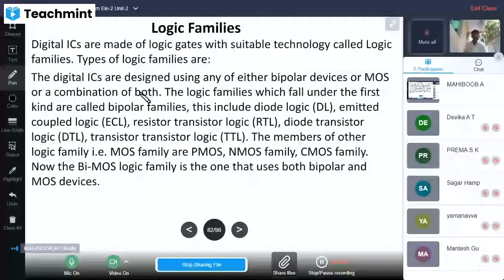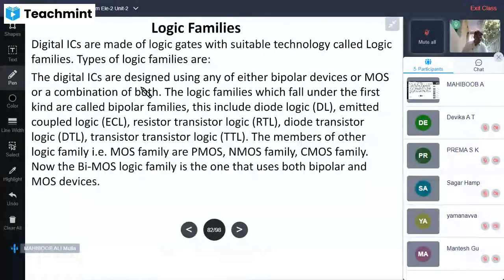The type of logic families: it may use for their fabrication bipolar devices, or MOS devices, or both. If it uses bipolar devices, then they are called bipolar logic families.